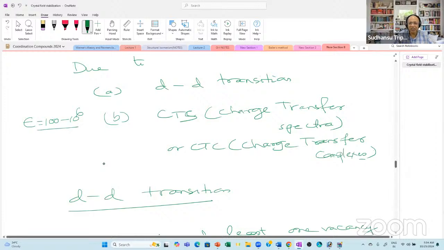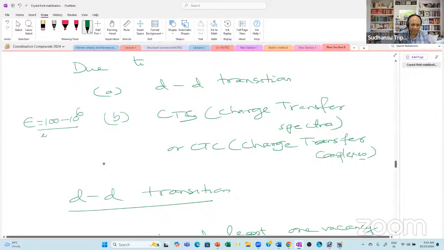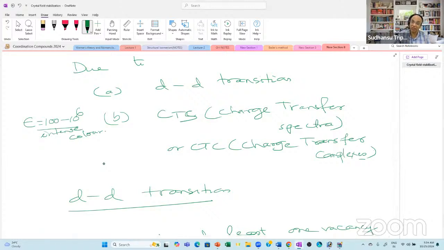While DD transition gives very weak, less intense color. Since the absorption has high intensity, the color is also intense color.